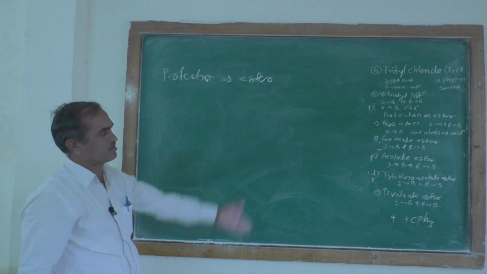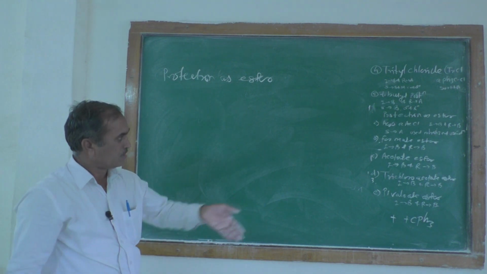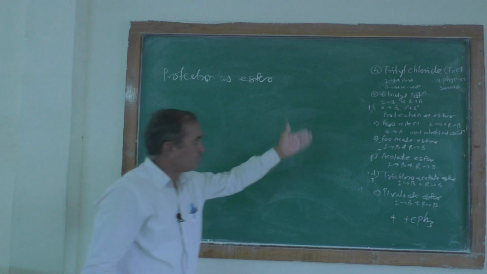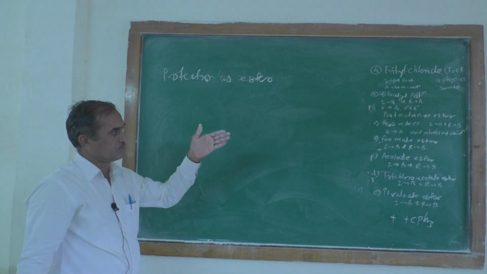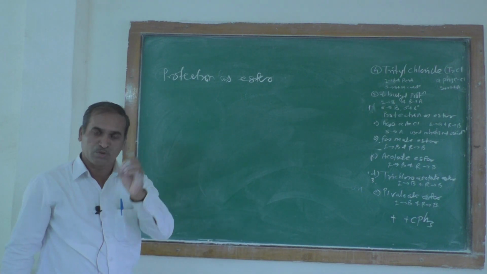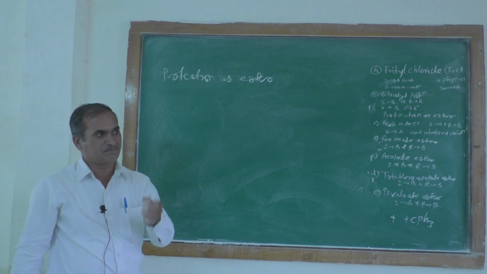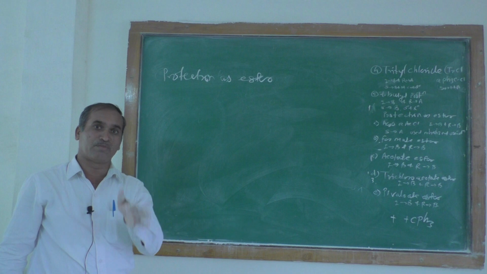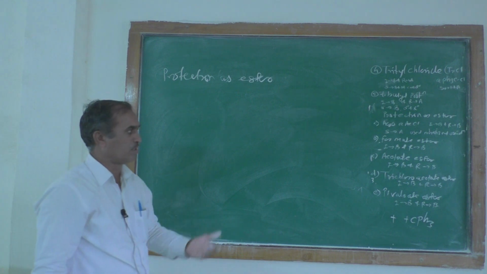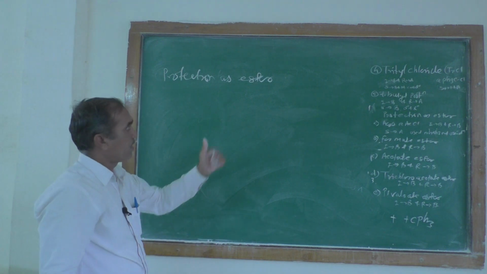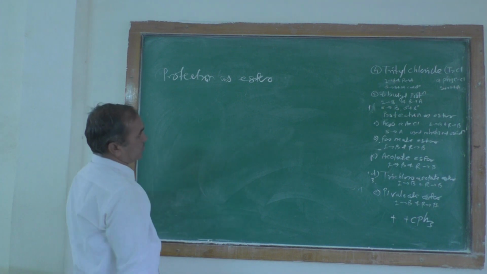There are various reagents we can use for the protection. So the main thing, you must remember 2 steps: introduction at what condition and removal at what condition. These are the main things required for the protection and the deprotection.